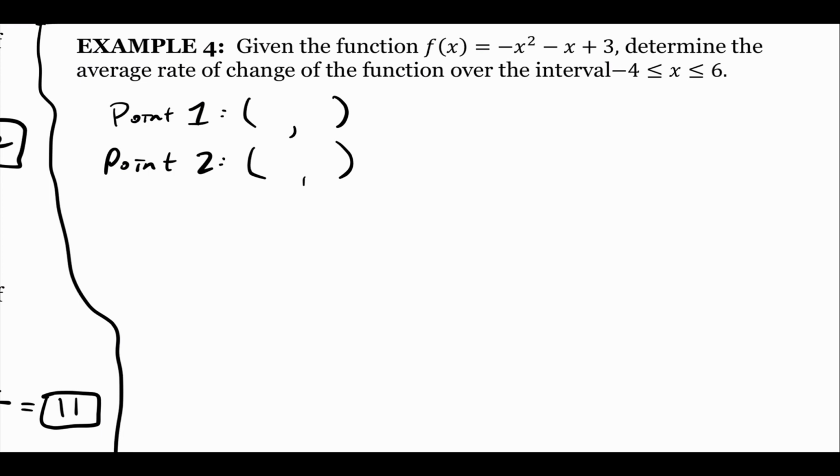This guy starts at -4, ends at 6. Those are my x values to start and finish. So now I need the y values. How do I get those? You're going to use the equation they've given you. Everywhere I see an x, the first thing I'm going to do is plug in -4.